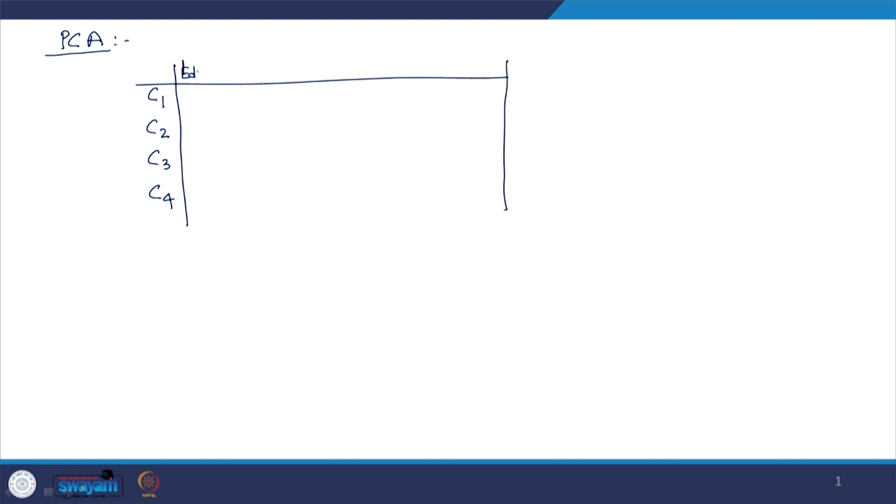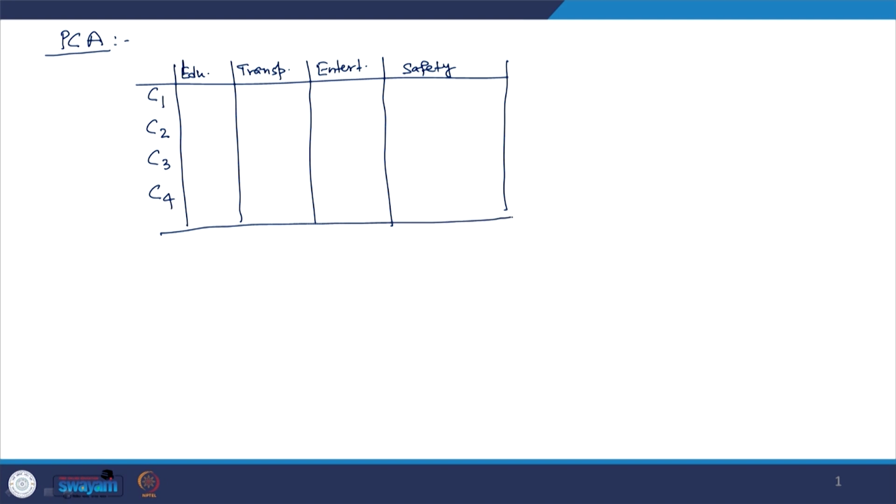Now, basically what is this PCA? Take a very simple example. Suppose I have some data of 4 cities: C1, C2, C3 and C4. And then what do I have? The parameters are education, transport, entertainment, and the last one is safety, that is law and order.